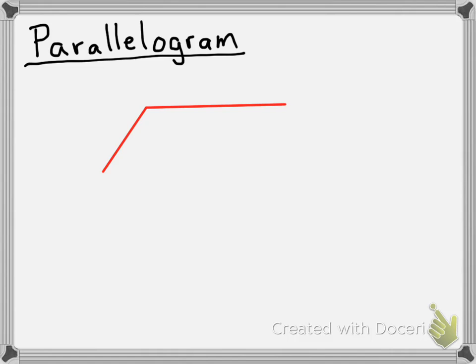Alright, so our next shape is going to be a parallelogram. This is a parallelogram. Now, a parallelogram looks close to a rectangle. In fact, I'm going to try to make this parallelogram a rectangle.